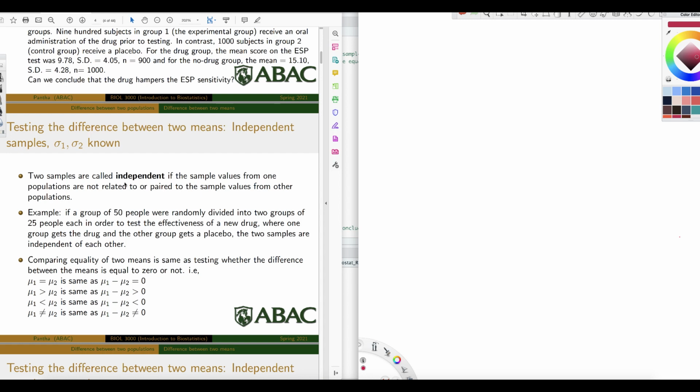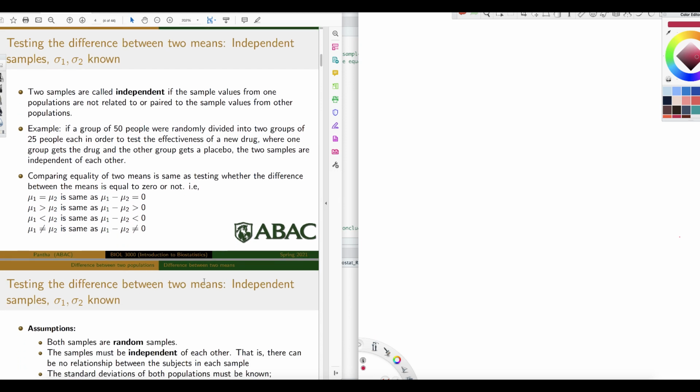For example, if a group of 50 people were randomly divided into two groups of 25 each in order to test the effectiveness of a new drug, where one group gets the drug and the other group gets a placebo, the two samples are independent of each other.